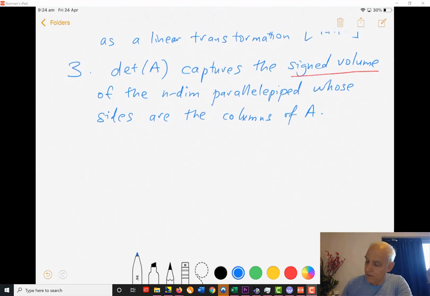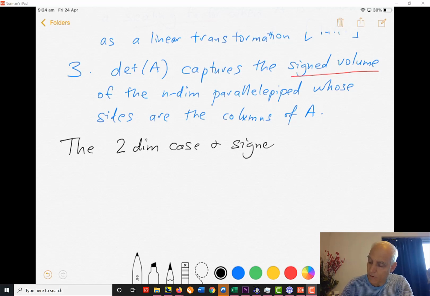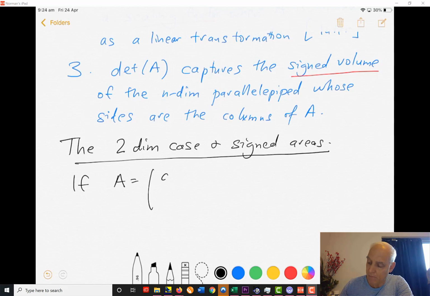All right, so let's look at the two-dimensional case and signed areas. So to do that, I better define what the determinant of a 2x2 matrix is. So if A is, say, the matrix a, b, c, d, then the determinant of A is ad minus bc.